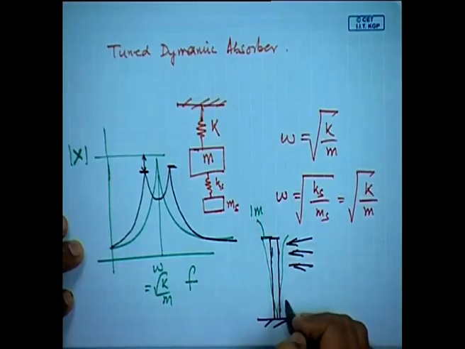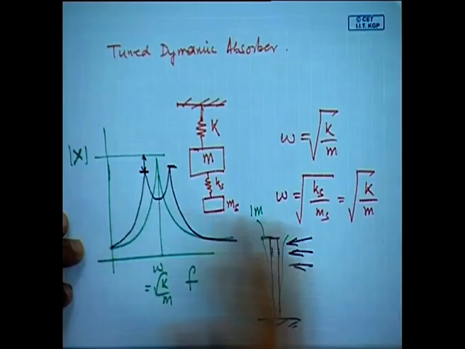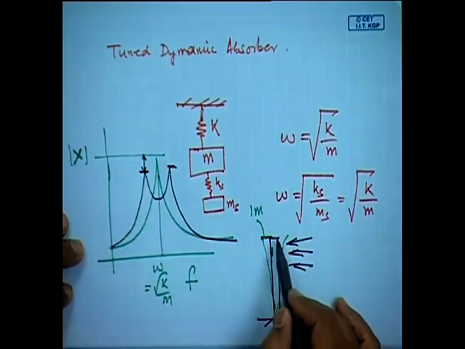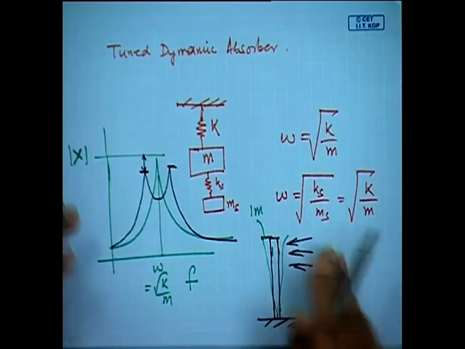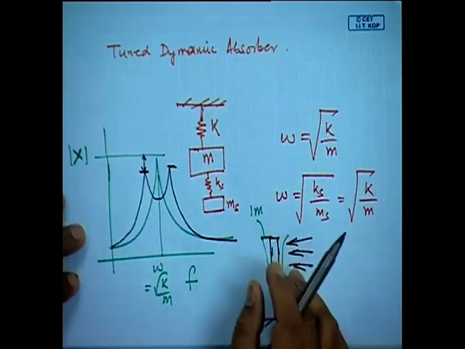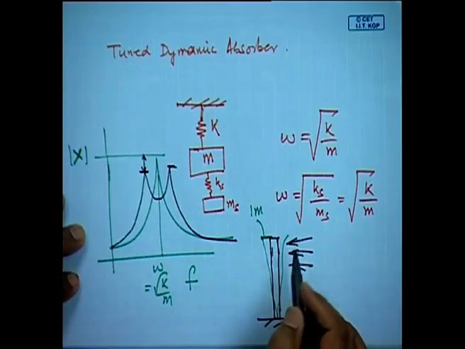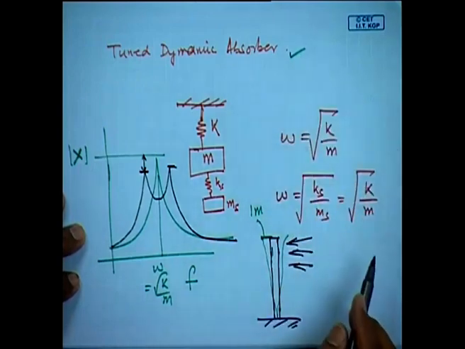Imagine a 100-story building, on the top it is swaying about 1 meter, and this kind of motions could be arrested. Suppose we put such structural tuned dynamic absorbers in the structure itself, so that they are going to arrest these motions and reduce the amplitude of oscillations. This is one application of tuned dynamic absorber.